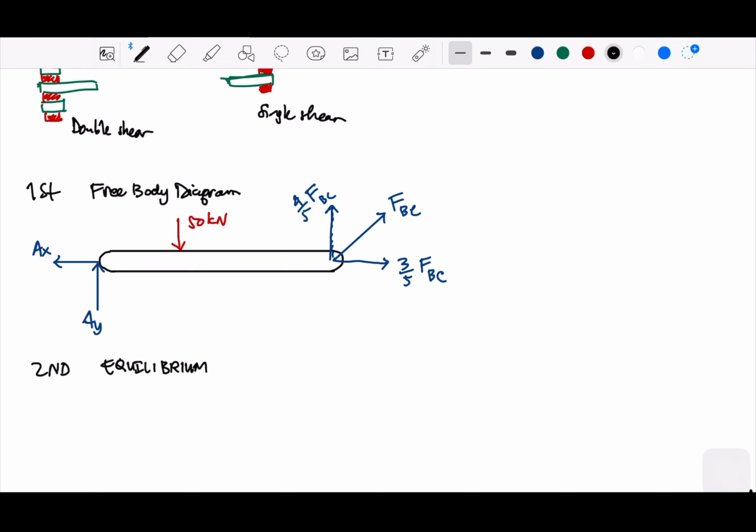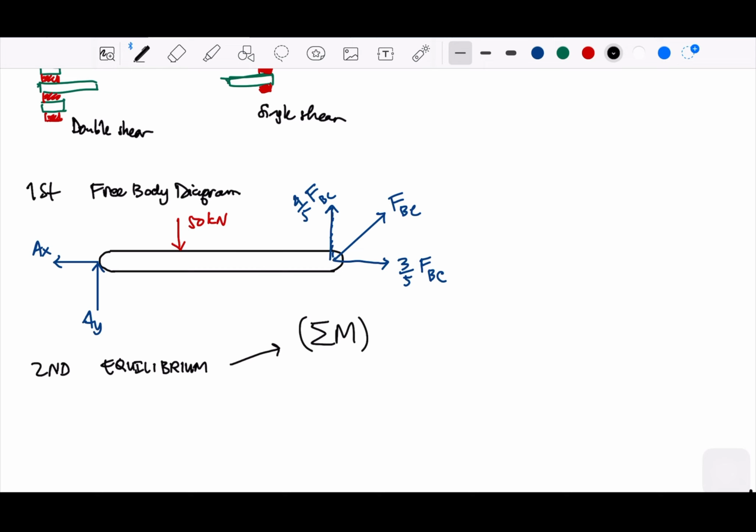And I will suggest always starting from the moment. Why? If you want to calculate the moment, the moment is the force multiplied by the distance, right? The force that is perpendicular, right? So, for example, what point do you want to take, A or B?